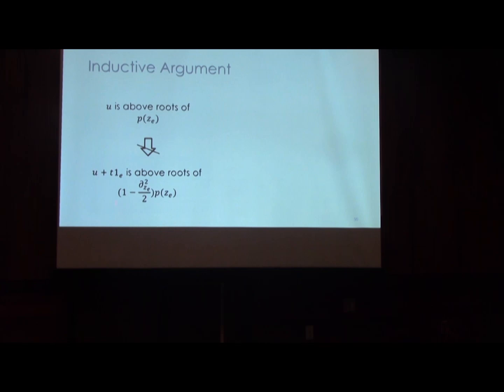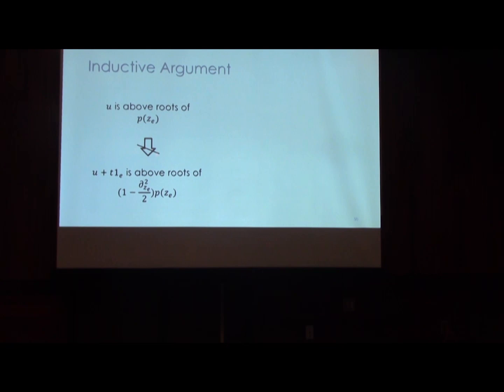If you manage to do this, you can continue inductively by applying the other 1 minus partial squared. Because whenever you're applying this partial, you're only moving in the e direction, all of these directions would end up being orthogonal to each other, and you would end up at the point t times the all-ones vector. That would be above the roots.